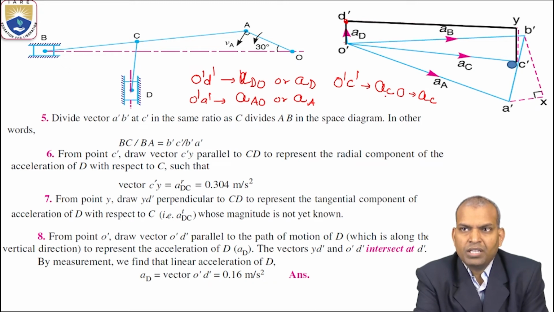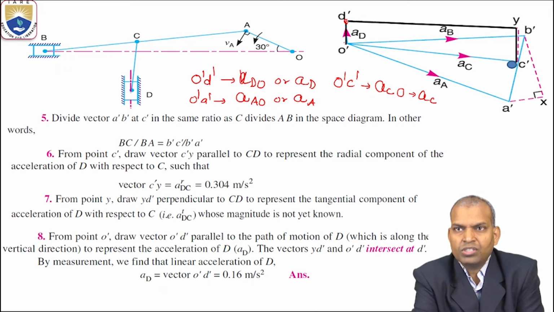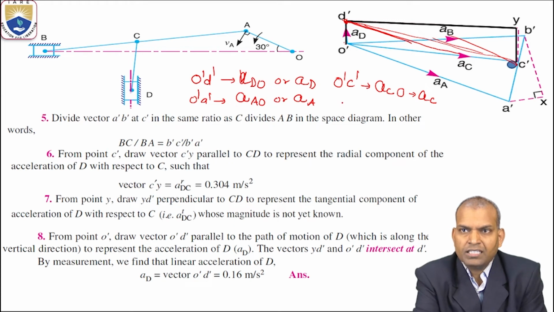Next, if you join C dash D dash, one more line, that gives the acceleration of D with respect to C, ADC.